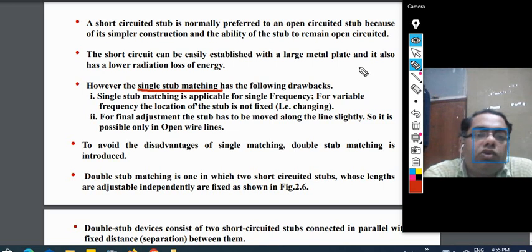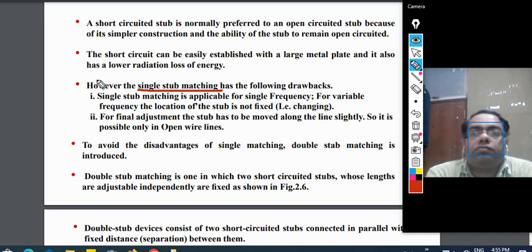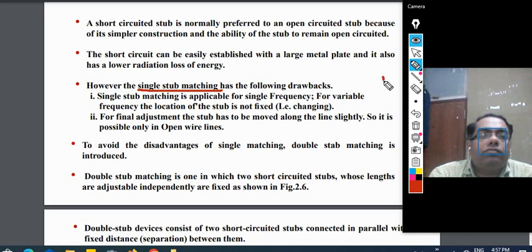That means from the load end, the position of the stub, that is the distance between the stub and the load, that is also a parameter.